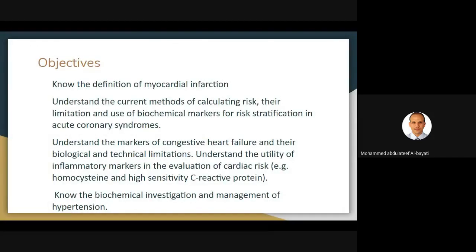Today's lab objectives: you should be able to know the definition of myocardial infarction, understand the current methods of calculating risk and their limitations, and the use of biochemical markers for risk stratification of acute coronary syndromes, and to understand the markers of congestive heart failure and their biological and technical limitations, understand the utility of inflammatory markers in the evaluation of cardiac risk, and also you should know.